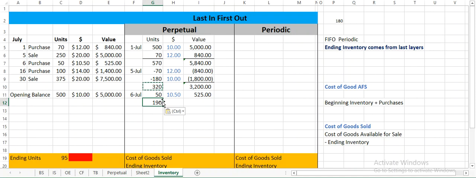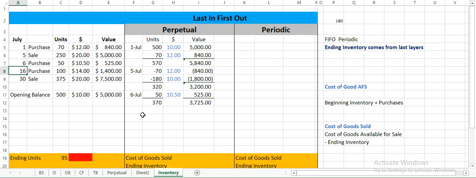The balance, which is the sum of the two, is 370. So following the purchase, that's how much was left, 370 units, and that's the value that we have attached to the 370 that's left.